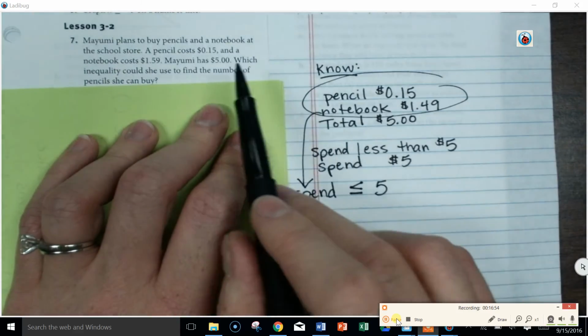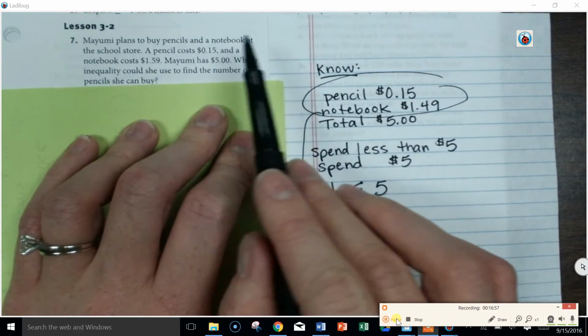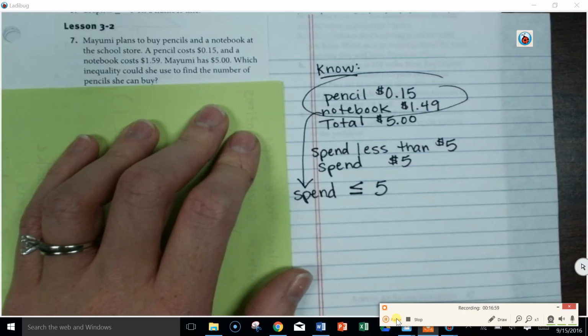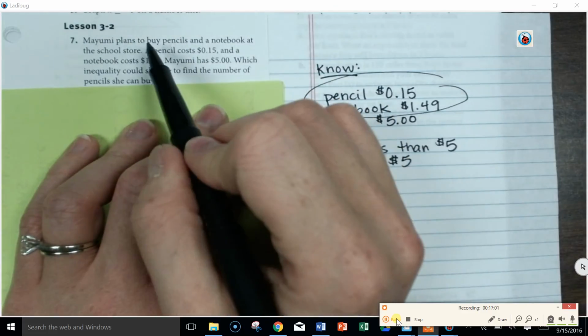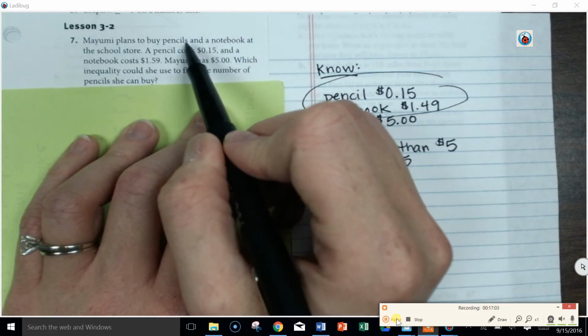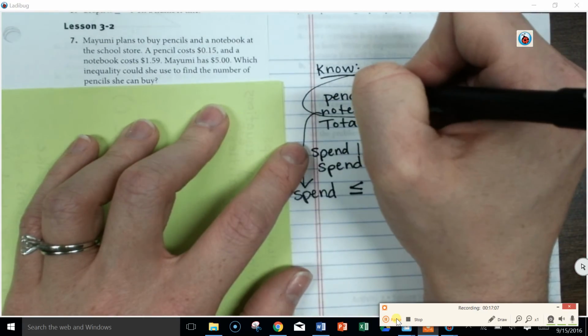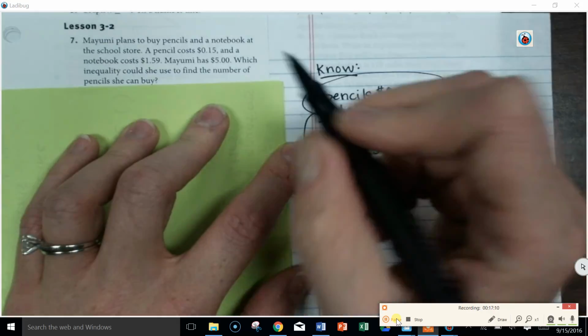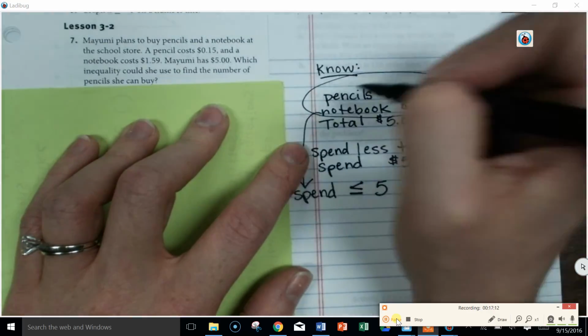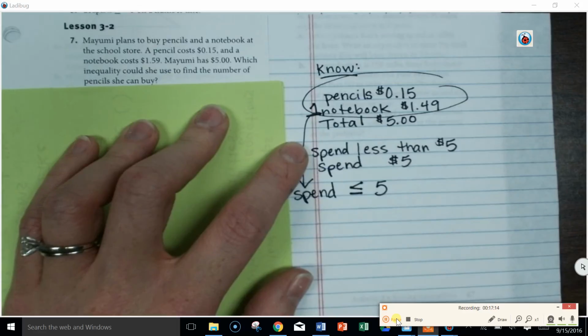So when I look back here, there's some very important information that can be very tricky to get. She wants to buy pencils, plural. So I know that she wants many pencils and a notebook. That means one notebook. She's only buying one notebook.